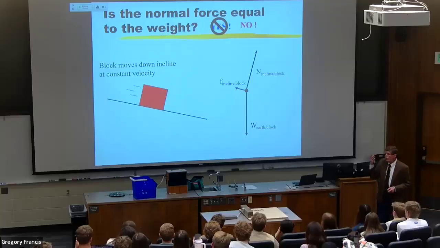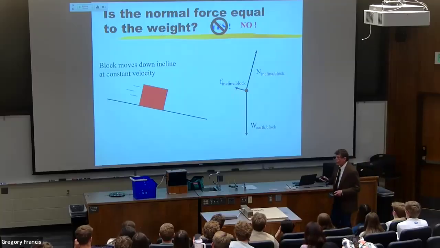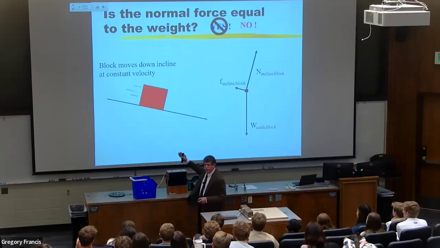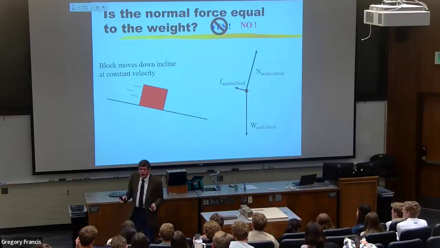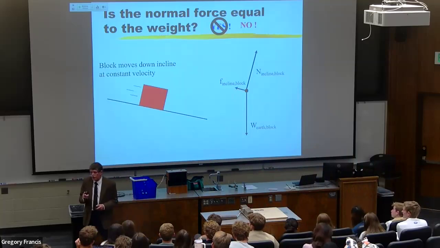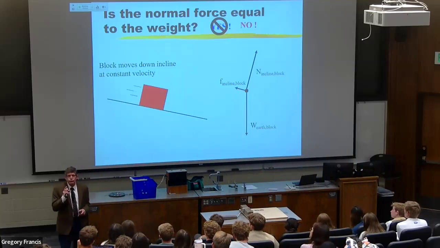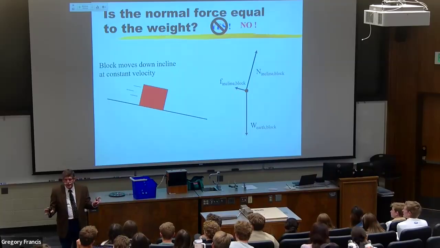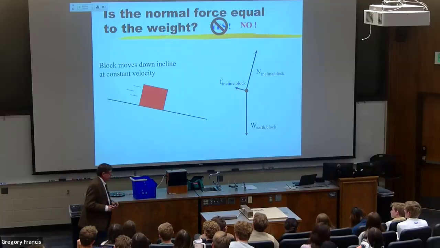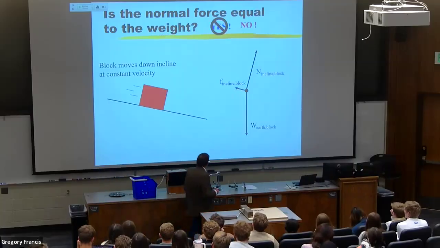Now, folks, you're going to have problems in your homework and on the exam, I promise you, that deal with inclines, hills, ramps, and those are very, very difficult problems requiring you to solve two equations and two unknowns. Messy, messy math. Unless you look at the problem just right. And I'll show you how to look at the problem just right.